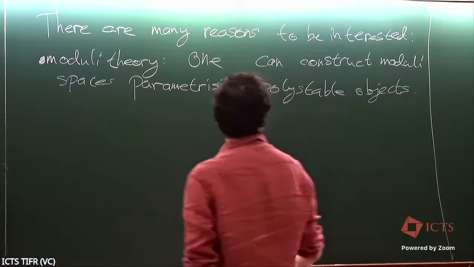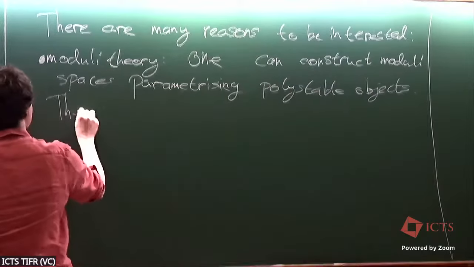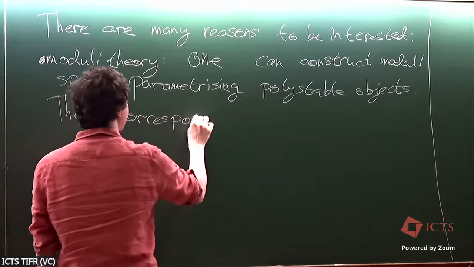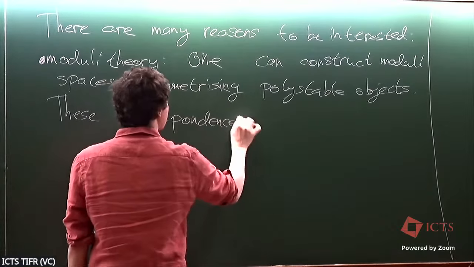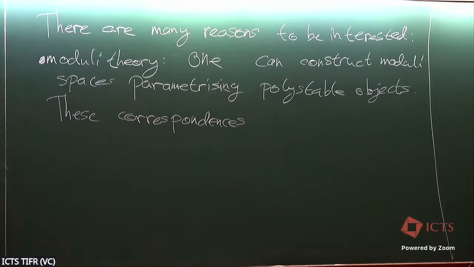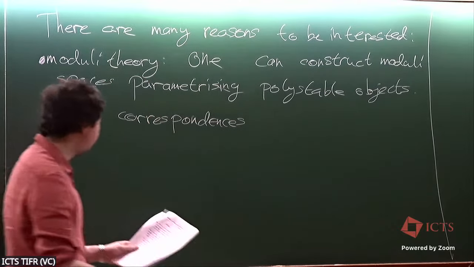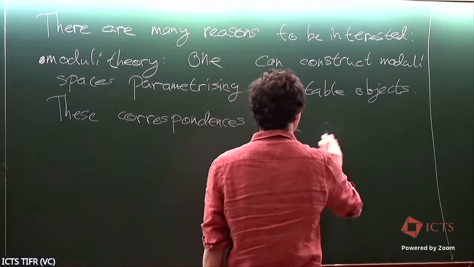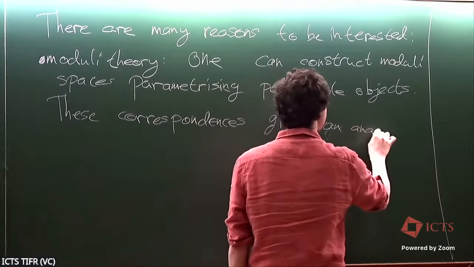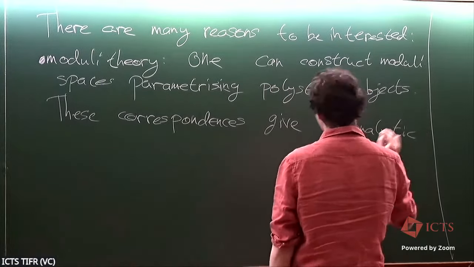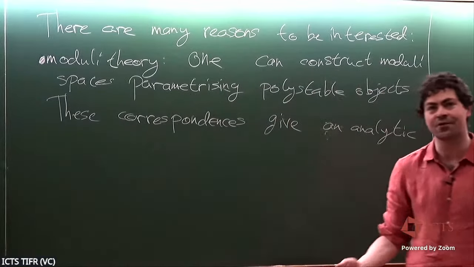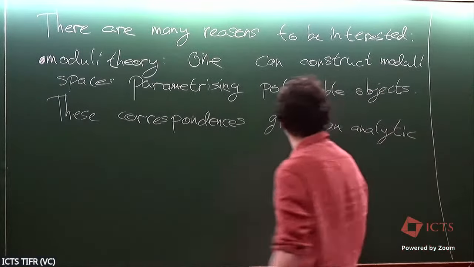So this correspondence says one thing that they're doing is that, in particular, they give an analytic structure to moduli spaces. So they give an analytic approach to actually constructing moduli spaces. But then they get extra structures. When you construct a moduli space in differential geometry, you get extra differential geometric structure.